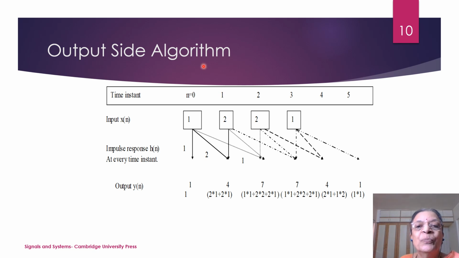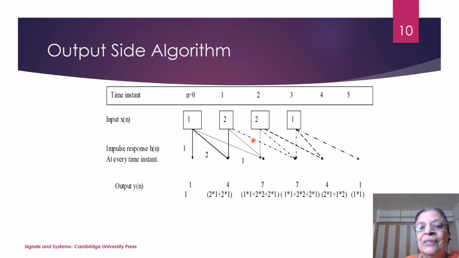Now consider the output side algorithm. For the output side algorithm, I see from the output angle. So at n equal to 0, which one will contribute? Only this delta n will contribute. That is the first sample. At this second sample, this will contribute and this will also contribute. At n equal to 2, this will contribute and also this will contribute.